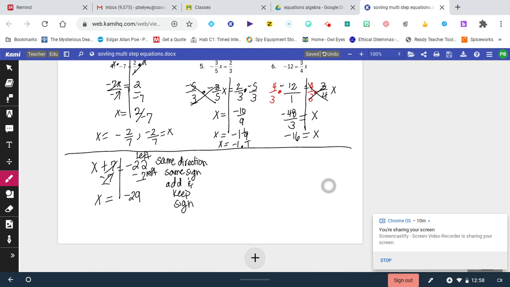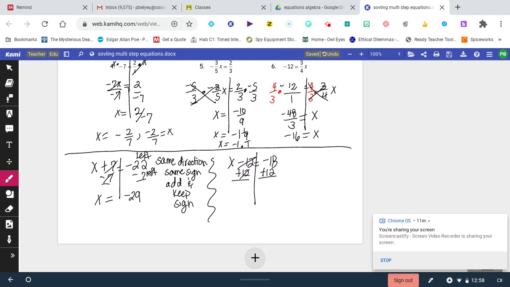If I gave you something like this, then I just say the opposite of a minus 12 is a plus 12, or I often say the opposite of negative 12 is a positive 12. These cancel.